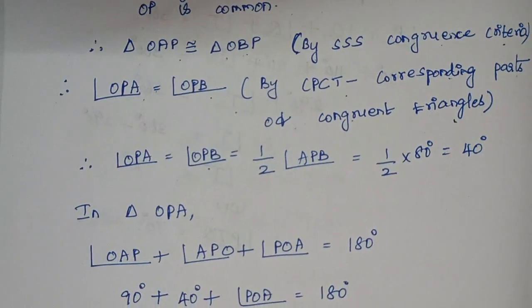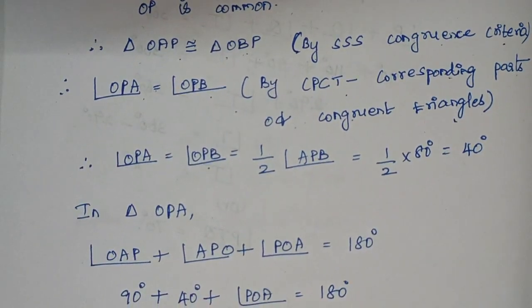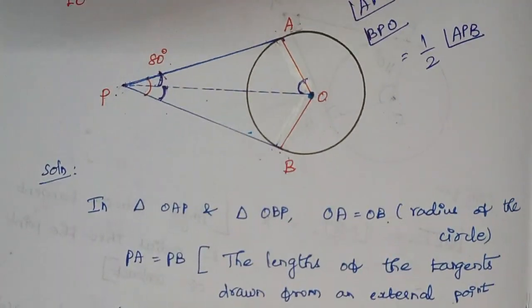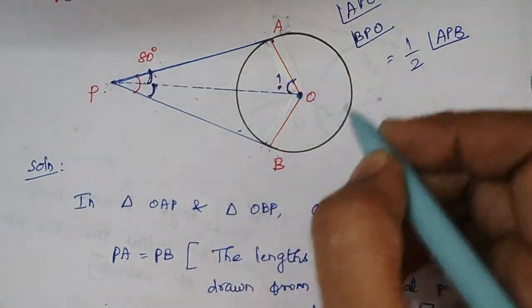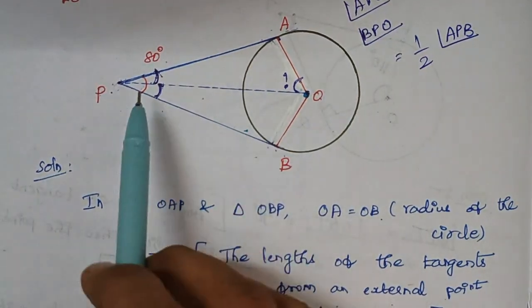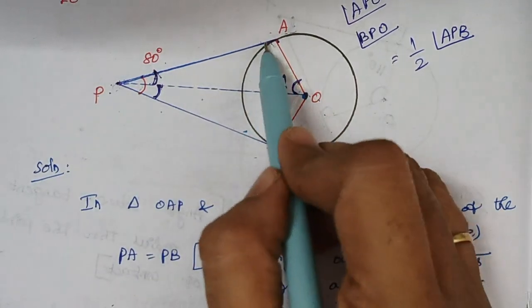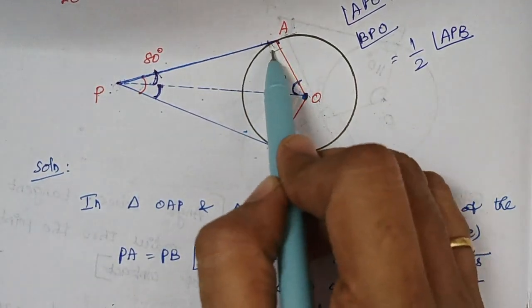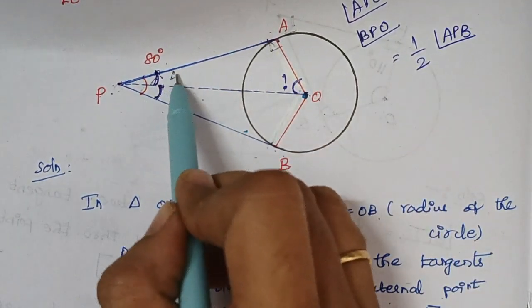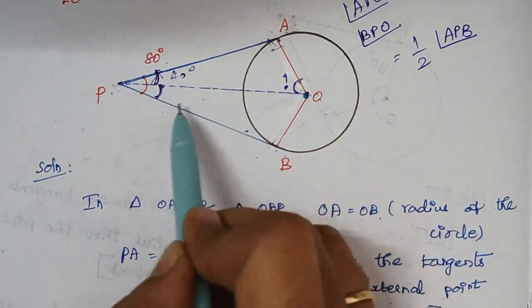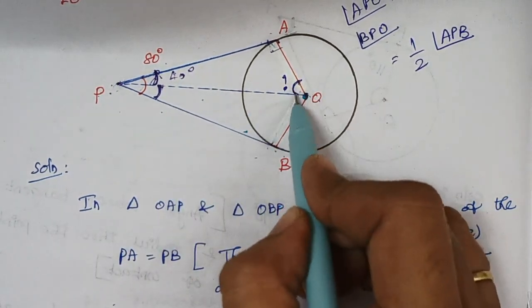Next we are going to consider triangle OPA, because we need to find this angle. You know this angle is 90 degrees and this angle is 40 degrees, which we just calculated, so it is easy to find this angle.